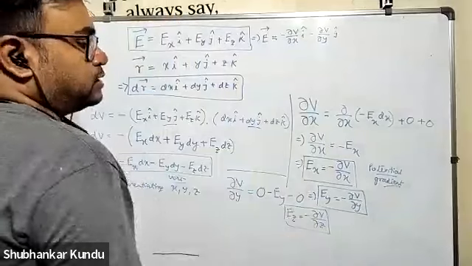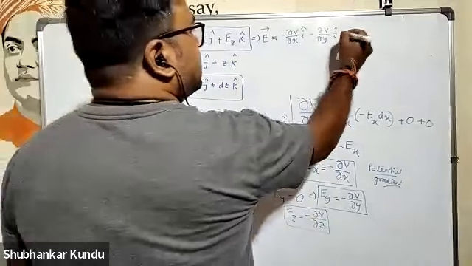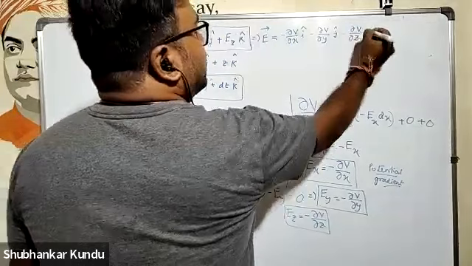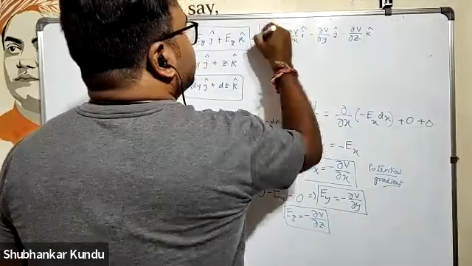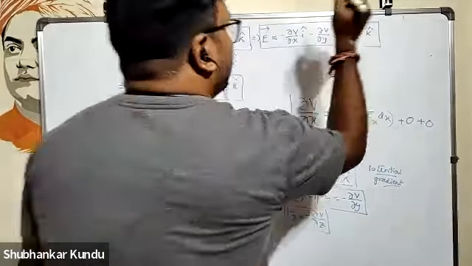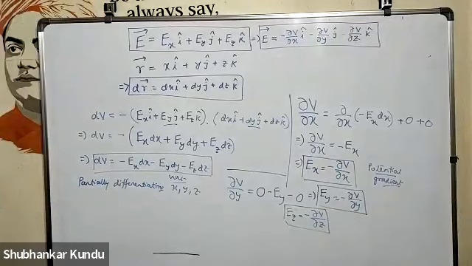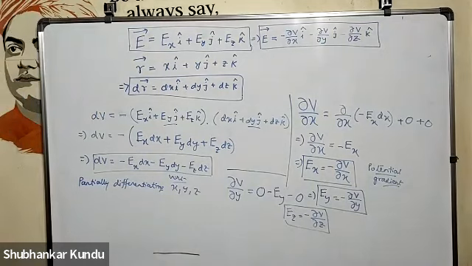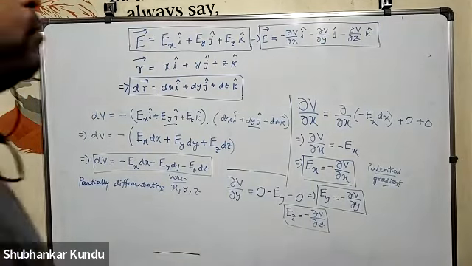Value of Ez is minus del V by del z k cap. This is the value of the electric field vector in the vector form.